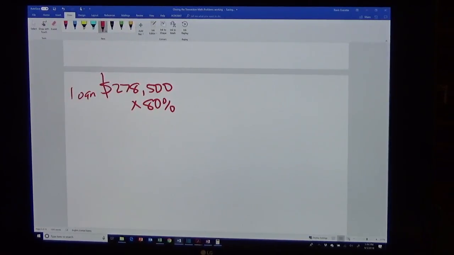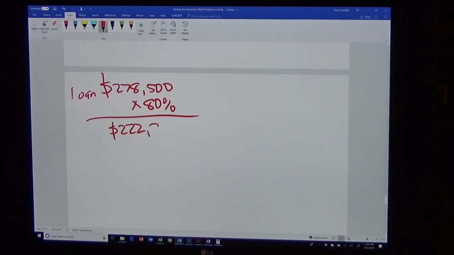This is going to be our loan, and that's a loan of $222,800. So I'm going to go back and put this in a couple of different places.